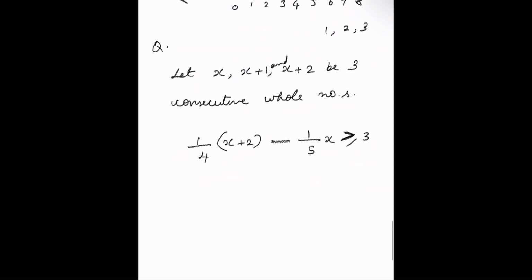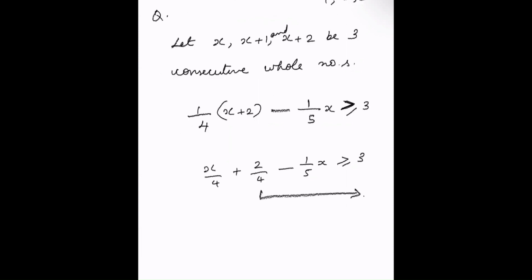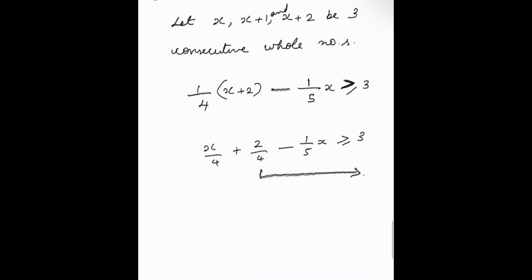So this would be x by 4 plus 2 by 4 minus 1 by 5 x greater than or equal to 3. I can take this to the other side and keep all the x terms together, and the constant term I can take to the other side. So x by 4 minus x by 5, I can take the LCM.